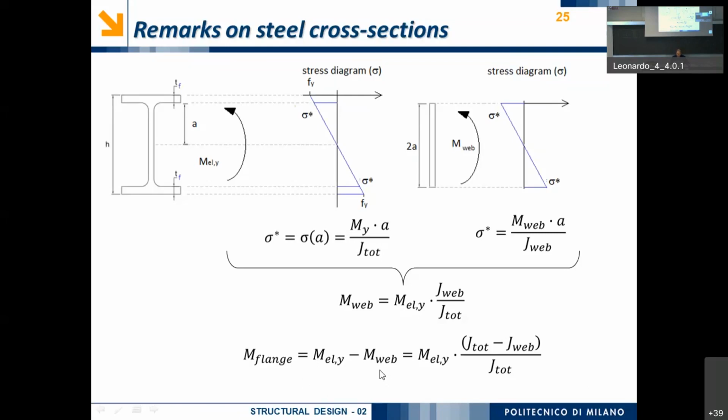Since the bending moment in the web is equal to M_y times the ratio between I_web over I_tot, I can obtain that this will be equal to M_y times the difference between I_tot and I_web, over I_tot.